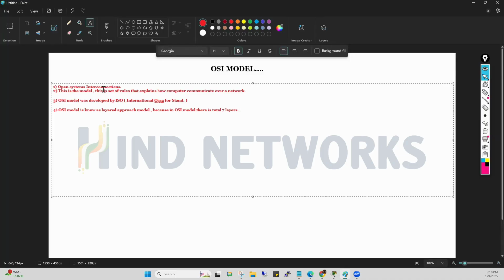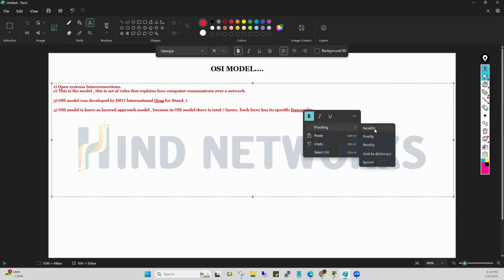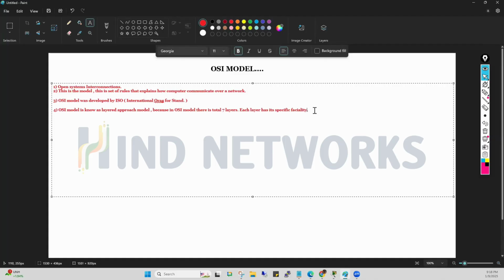Please remember this. Each layer has its specific functionality. Every layer has a specific functionality, and every layer supports each other as well.